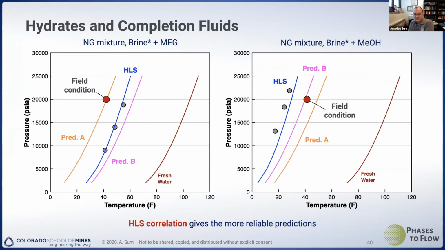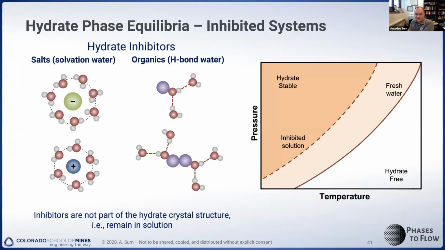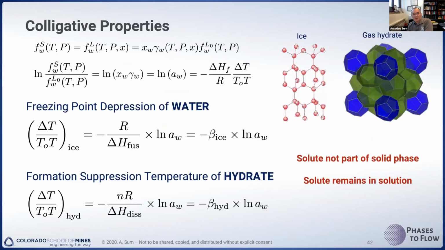And so let me skip this. Instead of doing that, why don't we think about how inhibitors impact the freezing of water? Because hydrates are essentially the same as water. And so we can look at this displacement of the curve based on what happens with the colligative properties, right?